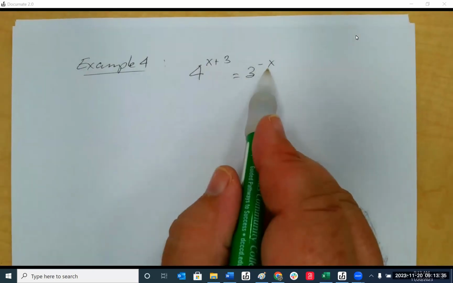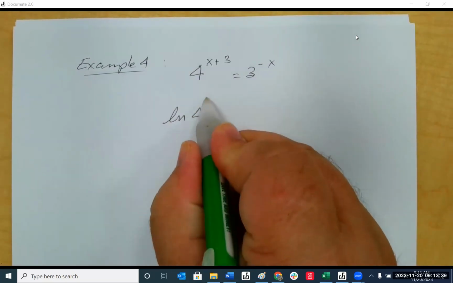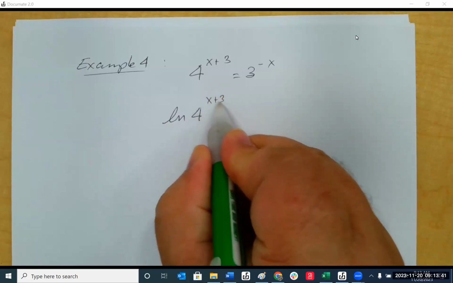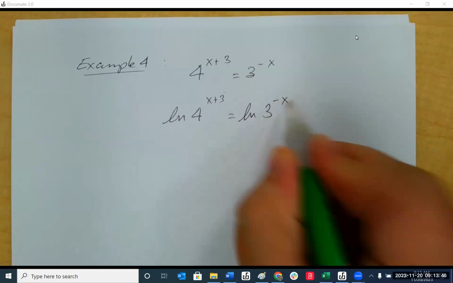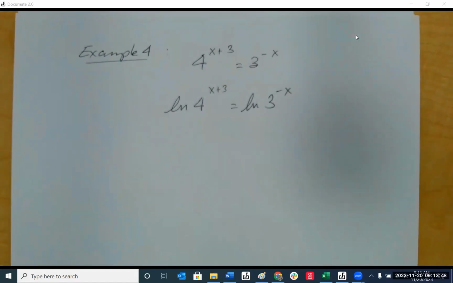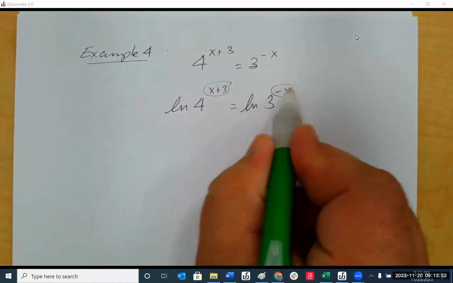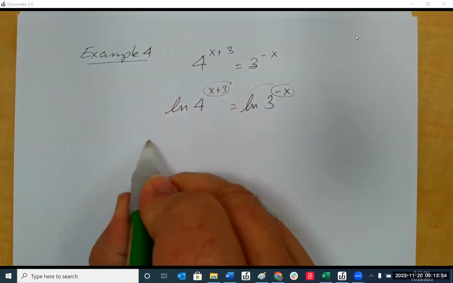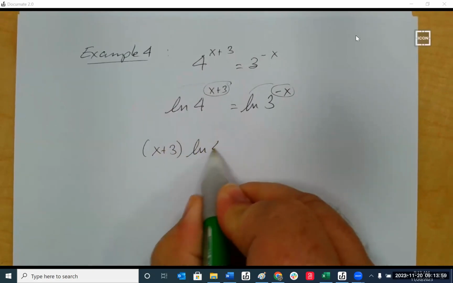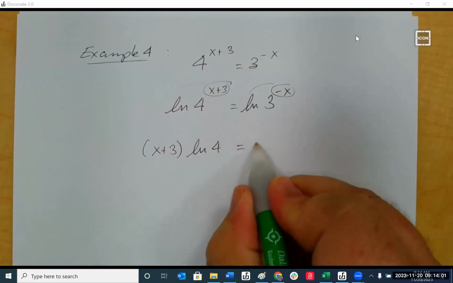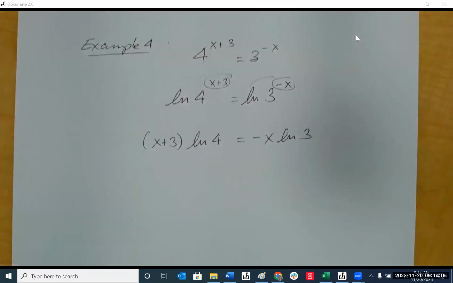Since our x's are in the exponents, let's take the ln of both sides. These are exponents, so they go in front. So we have x plus 3 times ln 4 equals negative x ln 3.